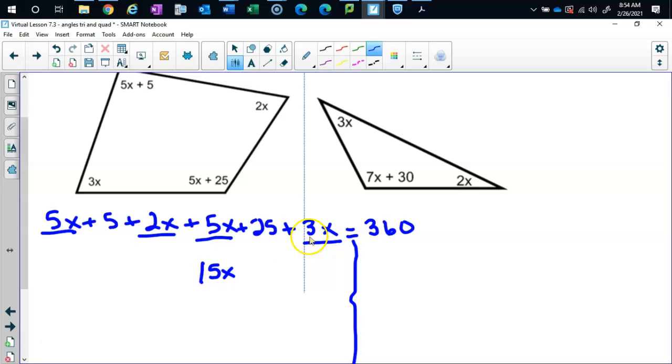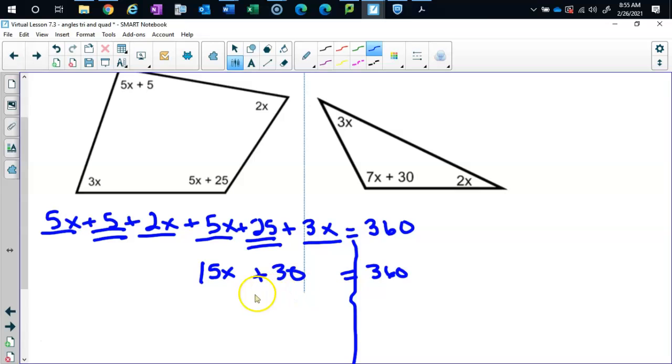I should have said plus 3. So what are you typing into your calculator? 5 plus 2 plus 5 plus 3 is 15x. Don't forget your x. Now, combine all our other like terms, the numbers without the variables. 5 plus 25 is plus 30 equals 360.